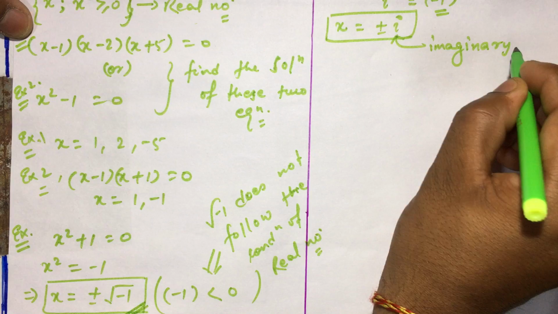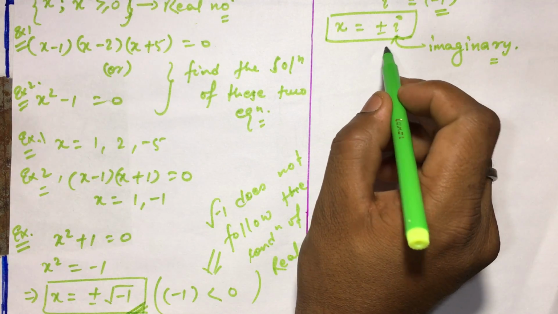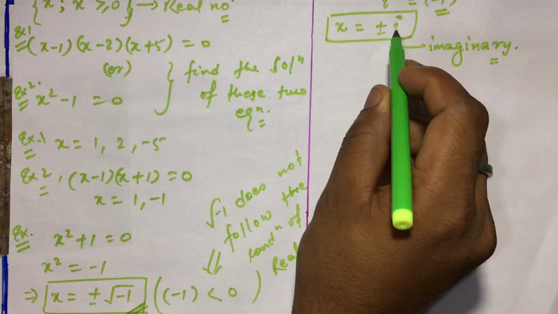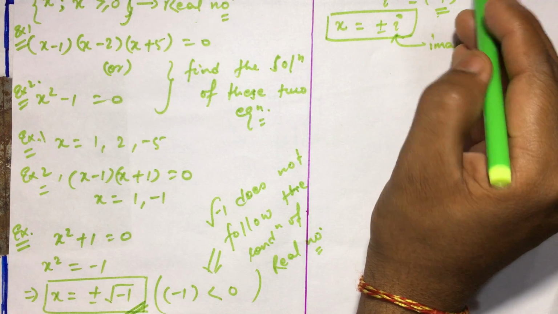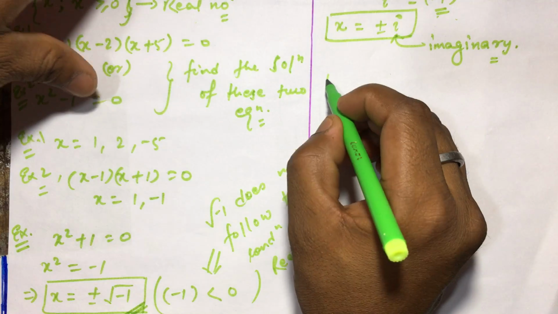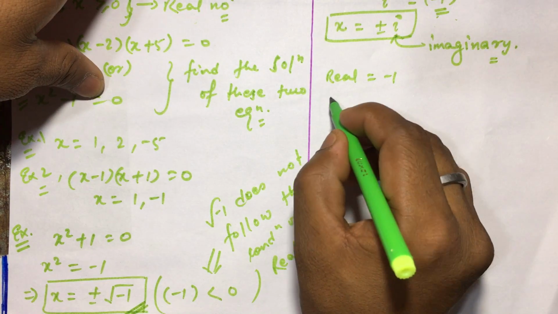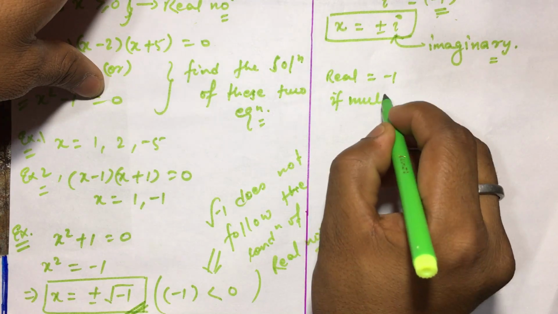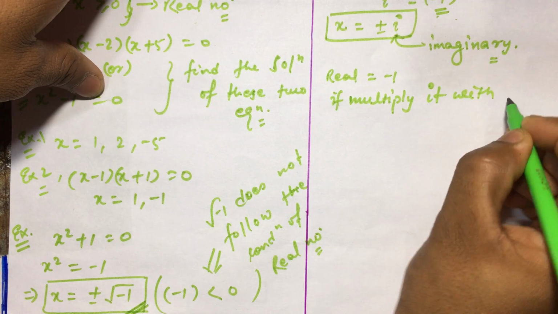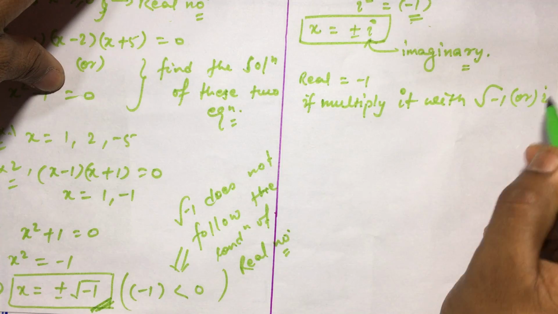This is known as an imaginary number. Now if any real number is multiplied with i, or root over minus 1, it gets converted into an imaginary number. Suppose the real number is minus 1, and we multiply it with root over minus 1, or iota.